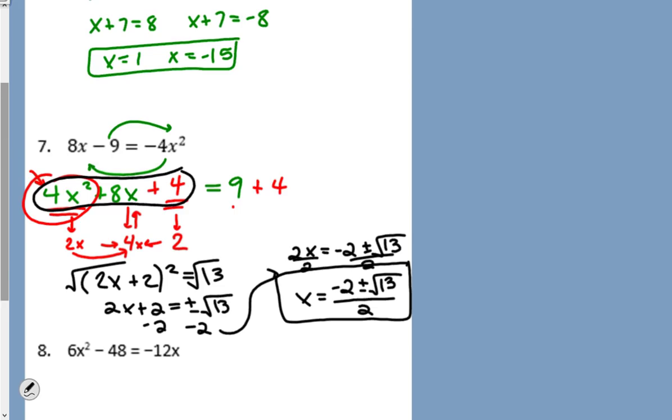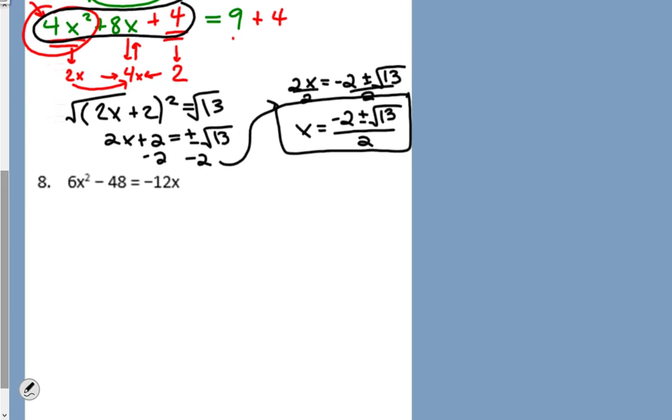Okay, just one more. This one, pretty straightforward. You just need to rearrange and take out the greatest common factor. I'm going to move my 12x over. I can actually go ahead and just divide by 6 everywhere. If I divide this by 6, I get x squared. Divide this by 6, I get 2x.